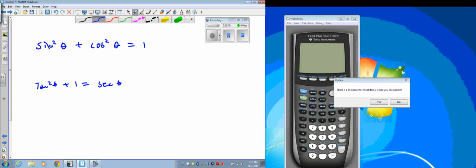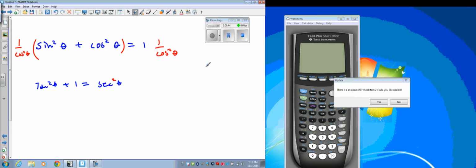All that's just this one, and what you've done is you've taken 1 over cosine squared. So this becomes sine squared over cosine squared, tangent squared. This one is cosine squared over cosine squared, which is 1. And 1 over cosine squared is secant squared.